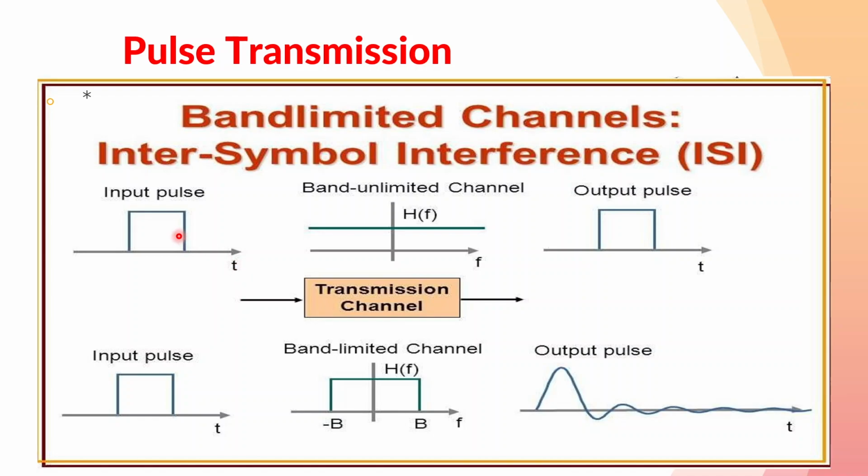Suppose this pulse is transmitted through a band unlimited channel. There is no limit in frequency, it is a constant transfer function with constant amplitude for all frequencies. Then there is no problem. Whatever signal we transmit, we will receive the same shape at the output side.